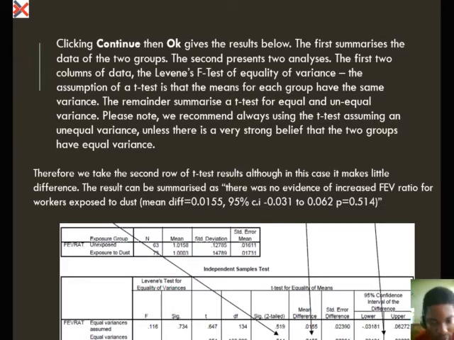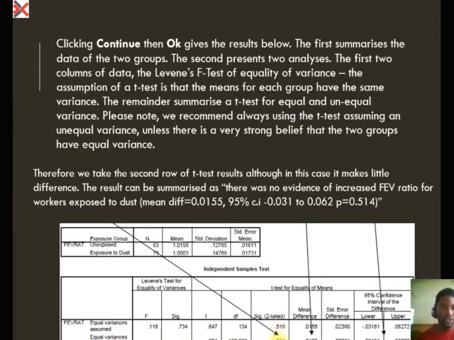You can see that. Here we have a mean difference of 0.0155, with a 95% confidence interval, and the p-value is 0.514. This is equal variance not assumed, so we use 0.514.